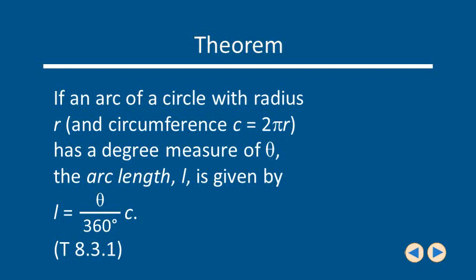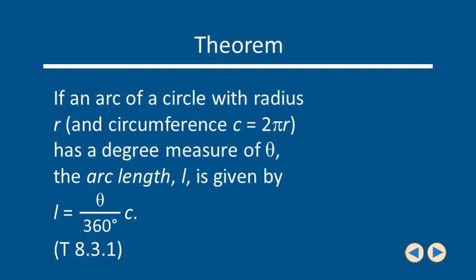If an arc of a circle with radius r, and therefore circumference C, which equals 2 pi r, has a degree measure of theta, that's a Greek letter theta, the arc length L is given by length equals theta divided by 360, in other words, the arc measure, times the circumference, okay? So you're going to have to know the radius in order to come up with the circumference, and this is how you're going to determine the arc length.